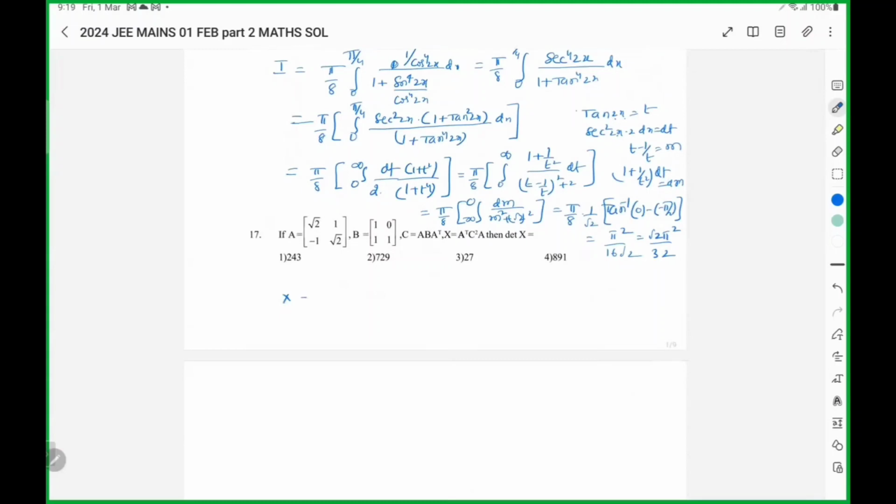Here X he defined as A transpose C square A. So C he defined as A B A transpose. C square here is A B A transpose times A B A transpose, which is A B, B A transpose, with A transpose into A. Let us calculate: root 2, 1, minus 1, root 2.